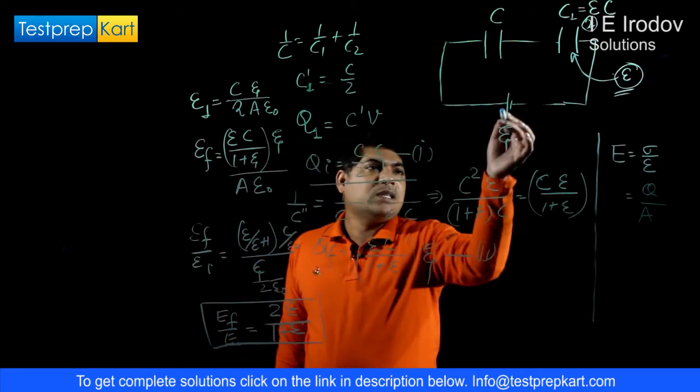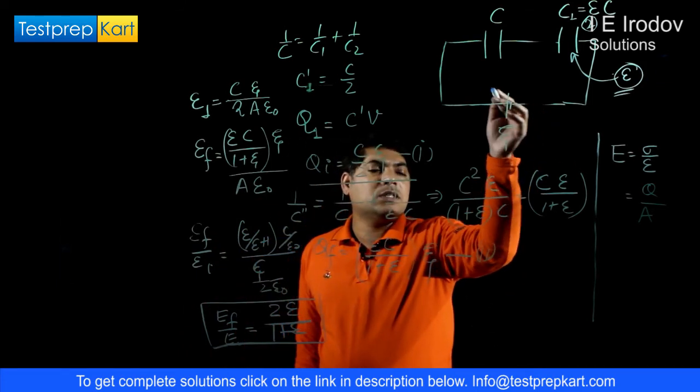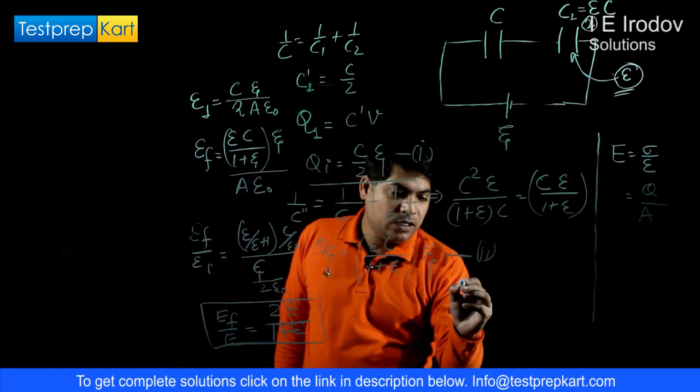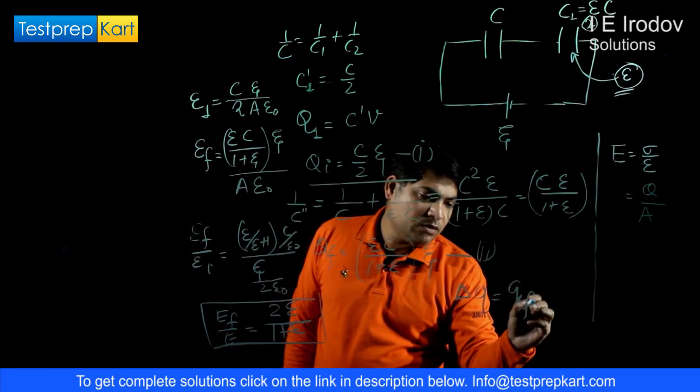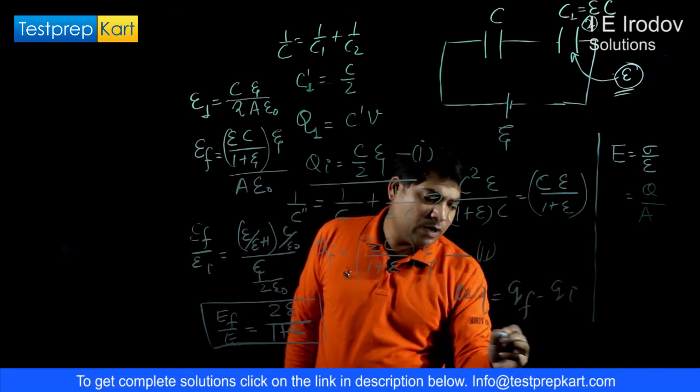Next, how much charge will pass through this cell? We can calculate delta Q. Delta Q is equal to QF minus QI.